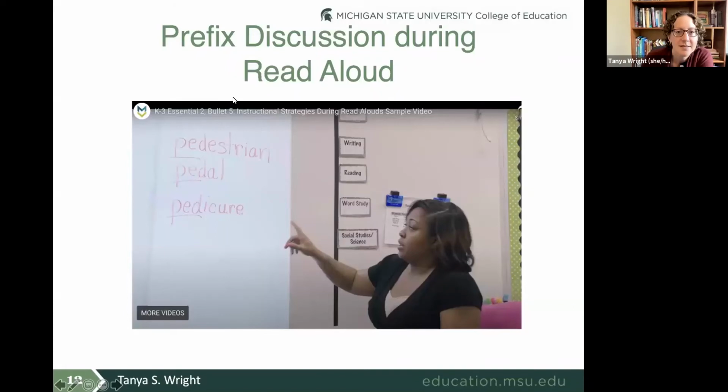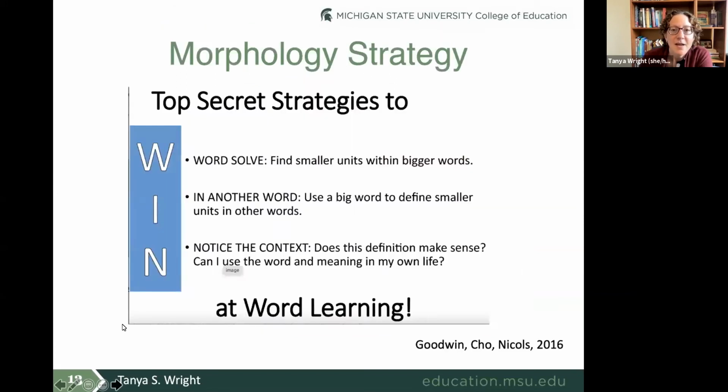Okay. Let me share a few other ideas about instruction here. Okay, so hopefully we're back on my slides. A couple of articles were shared with you today, and I'm just going to highlight some of the strategies. These are both from our wonderful colleague, Amanda Goodwin, and other colleagues that she's working with. These are articles from the Reading Teacher, with suggestions for strategies that we can teach kids.